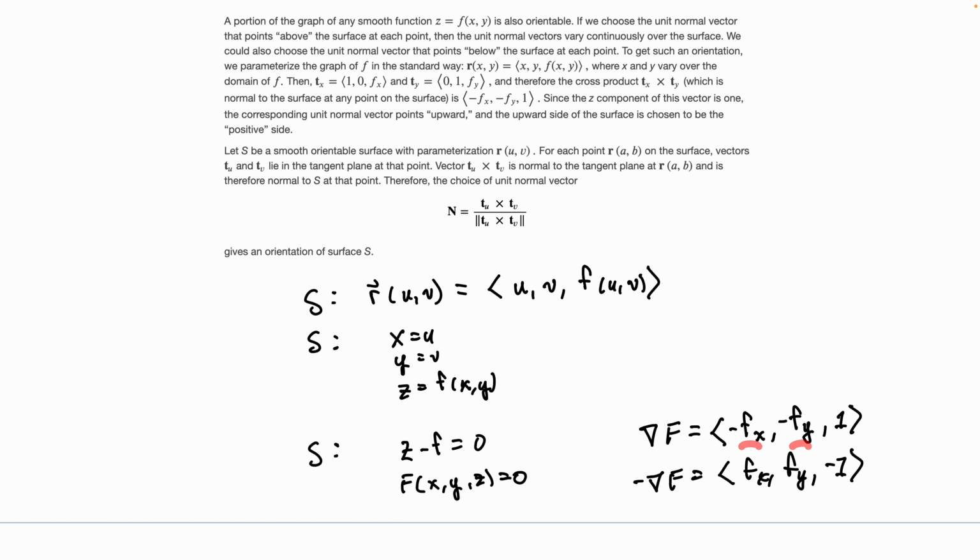And then in the other slots, you just take the partial of the function with respect to those other variables. Okay, so this is not normalized. You'd need to normalize that.